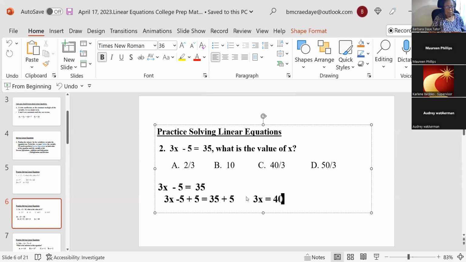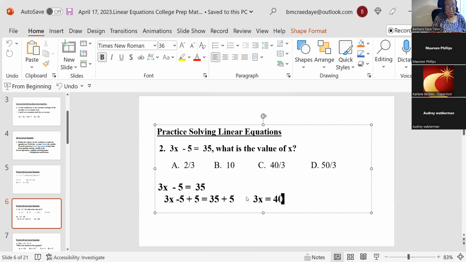Anytime you add the same value, Audrey, you get 0. Whether it's constants, in other words, minus a plus a, or whether it's a variable, in other words, 2y minus 2y gives you 0.